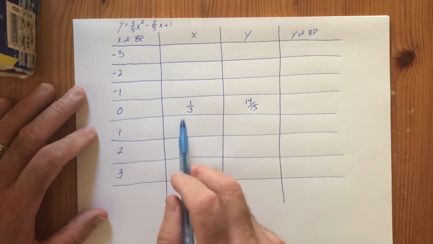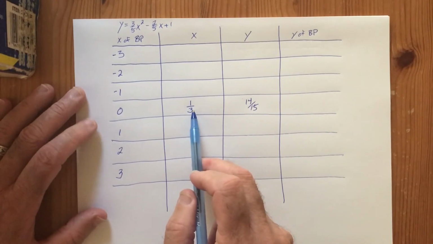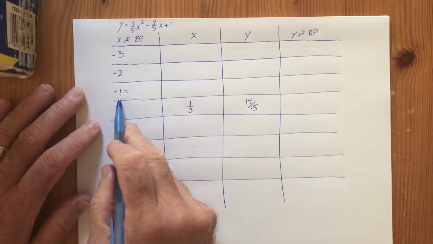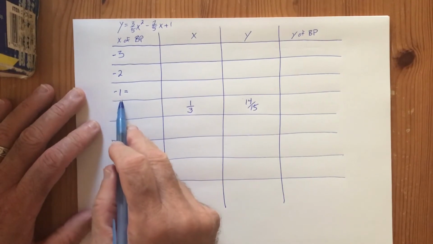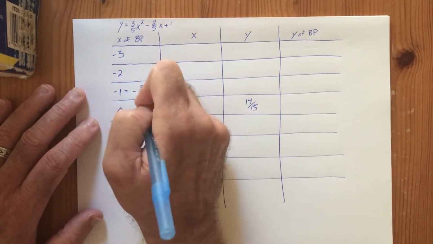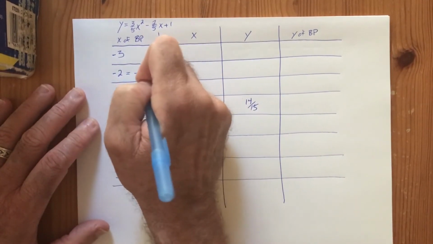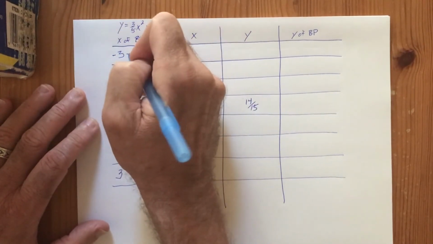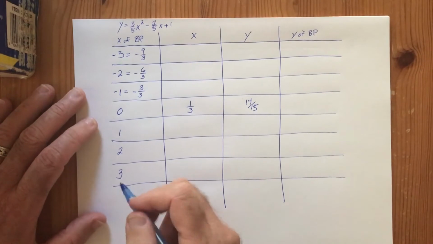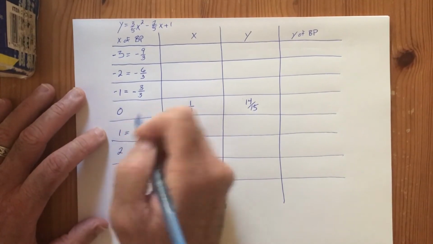First of all, we notice that our x-coordinate is a fraction with a denominator of 3. So we're going to change all of these x-coordinate values of the basic parabola into fractions that have a denominator of 3, just multiplying each one by 3 over 3.